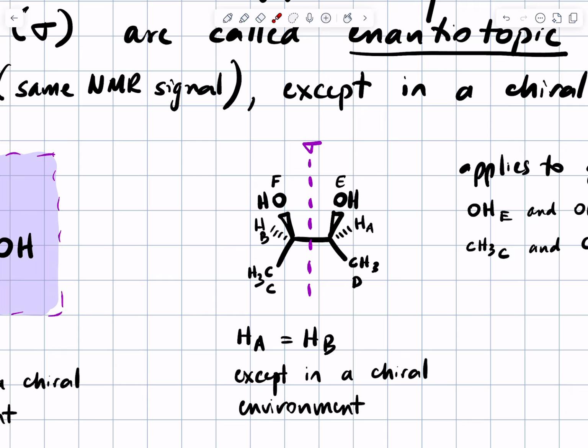We wouldn't describe, enantiotopic is always about a relationship between two things. So just like you can't look at something and say, is it an enantiomer? It's like, is it an enantiomer of that? And the same thing, you can't say, is this one thing enantiotopic? You have to say, is it enantiotopic to that other proton?